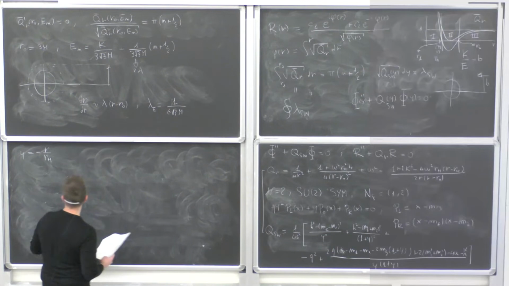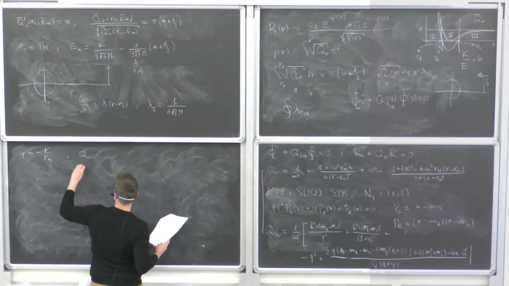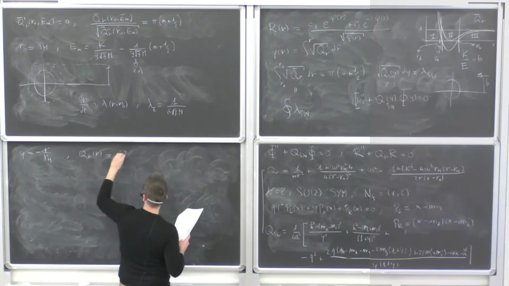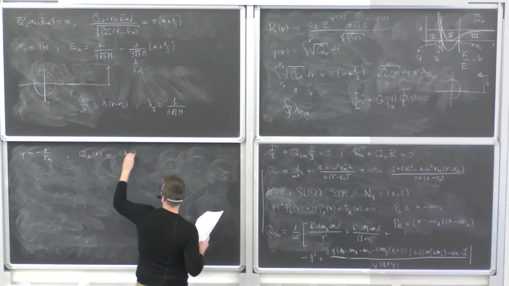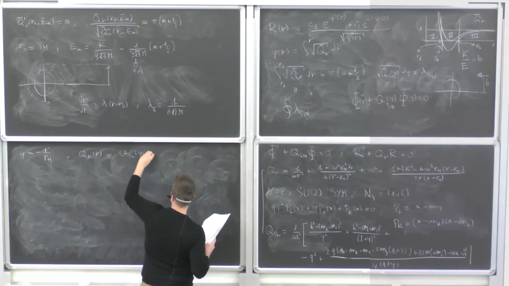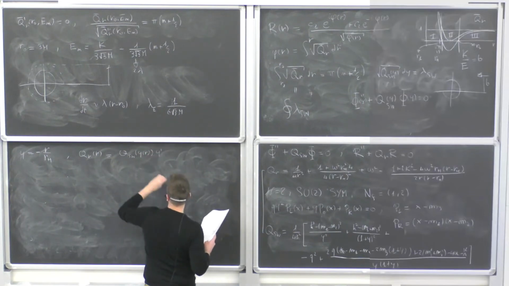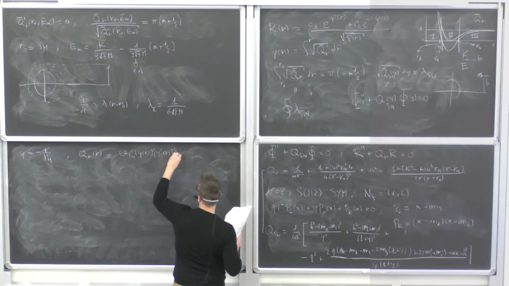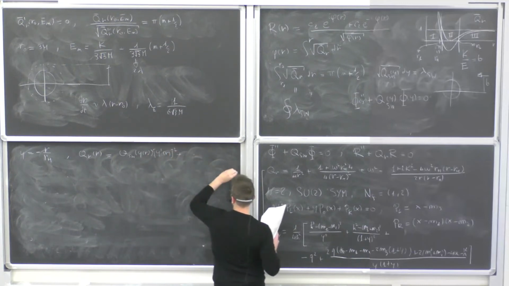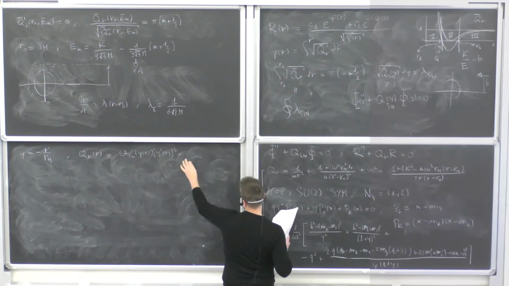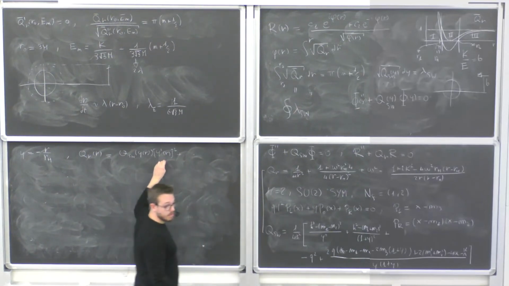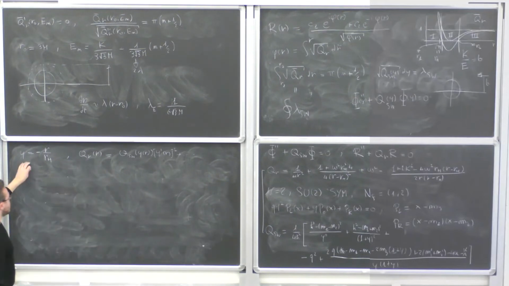So now I can say that QR of R will be equal to Q Seiberg-Witten computed in Y of R, times the derivative of Y with respect to R squared, and then some higher order terms depending on higher order derivatives of Y. But since in this case it's just a rescaling of the variable, I don't need to write them.